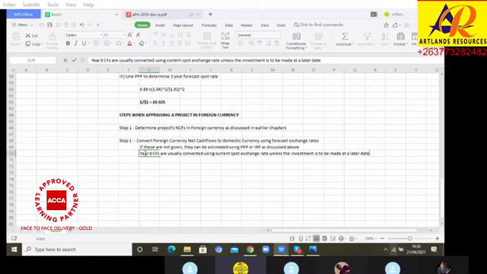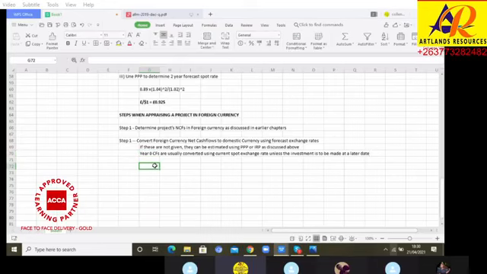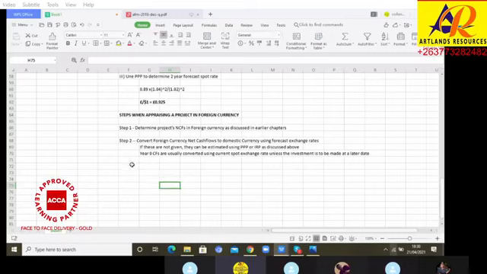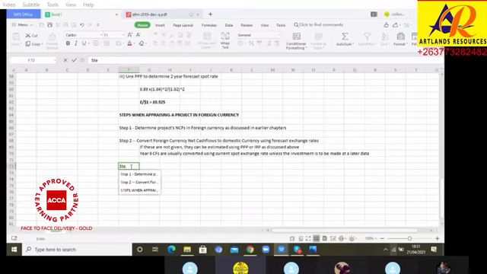If you are converting year zero cash flows, normally use the current spot exchange rate, because it assumes that the investment is to be made today. Oh, this is step 2, not step 1. But if the investment is to be made in year 1, it will mean your year 0 is now year 1. So then you have to find the exchange rate in year 1.